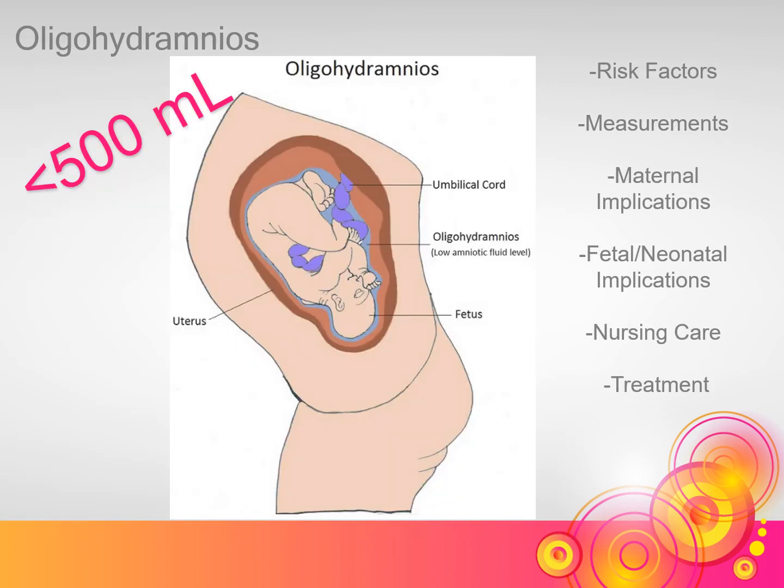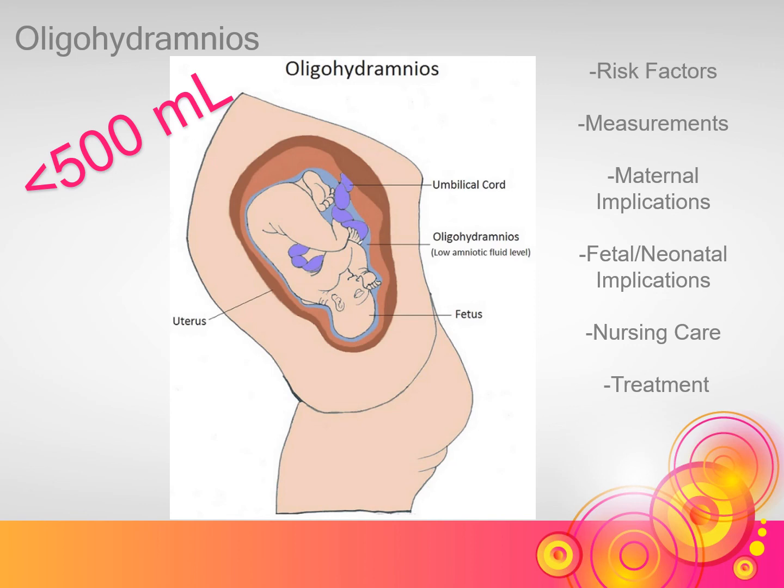All right, oligohydramnios. So your oligo is a total of less than 500 mLs present. Okay, so we have too little fluid here.